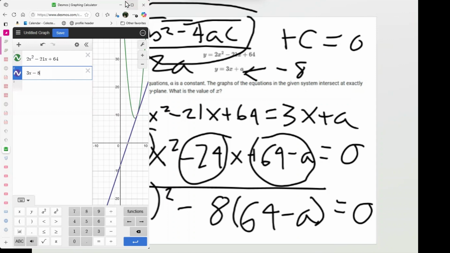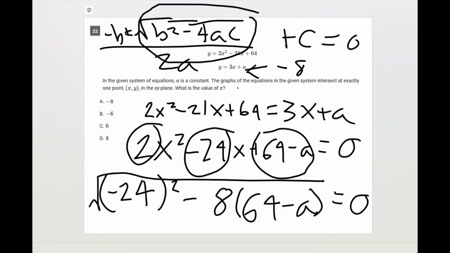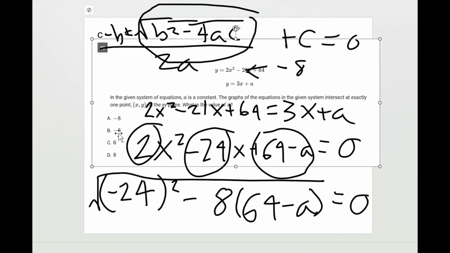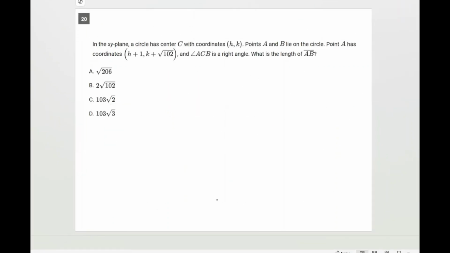So the value of x is 6. And let's pull this back and see if we're correct. C, 6. Yes.